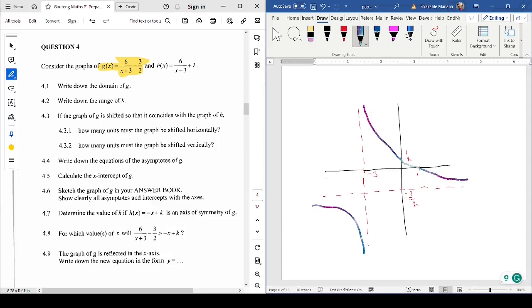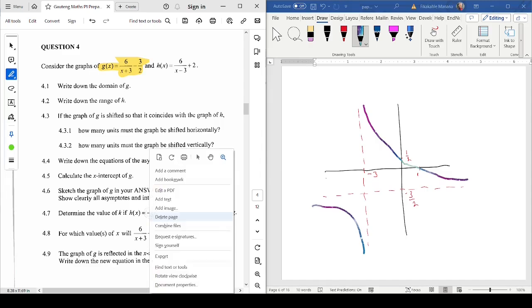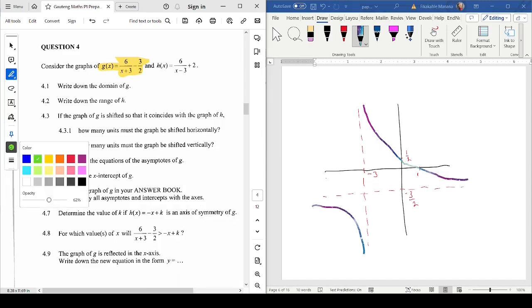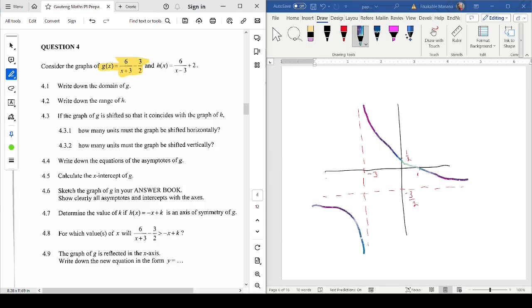This is the one, if you look here, you can see that it has a negative gradient, which means it passes this point of intersection, right?